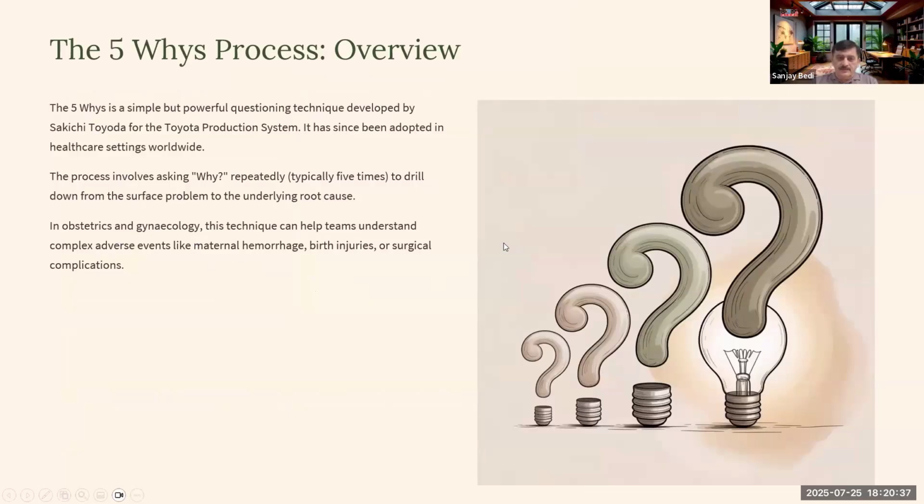This can help us understand anything like maternal hemorrhage, birth injuries, surgical complications, or a student's class not coming to the OPD, or low attendance, or low performance of a particular class. Anything we can apply it to.